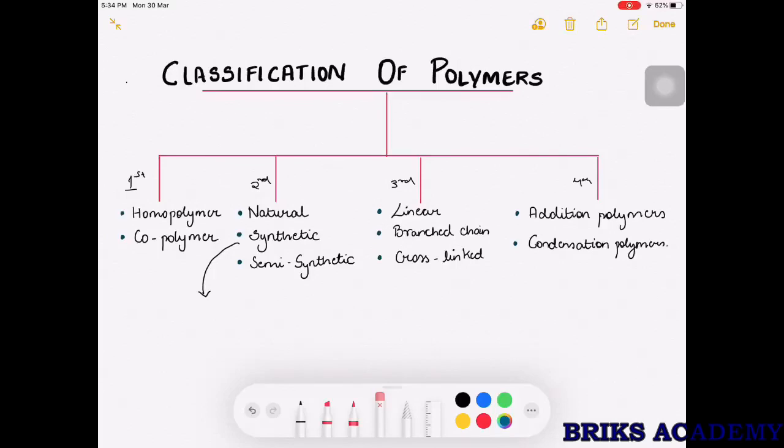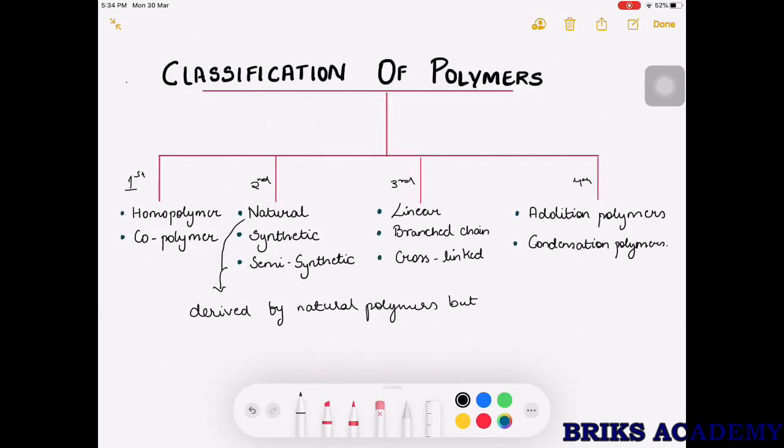And the next type is semi-synthetic polymers. These are the polymers which are derived from naturally occurring polymers by a slight chemical modification.